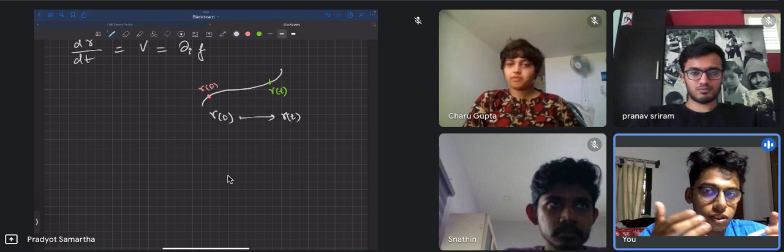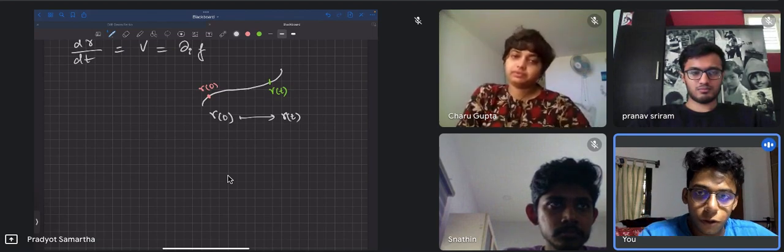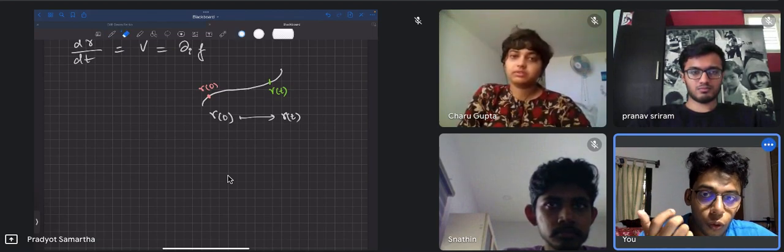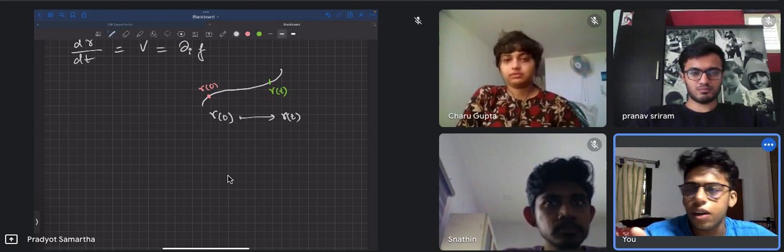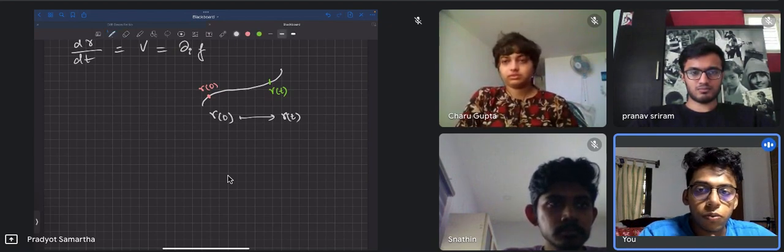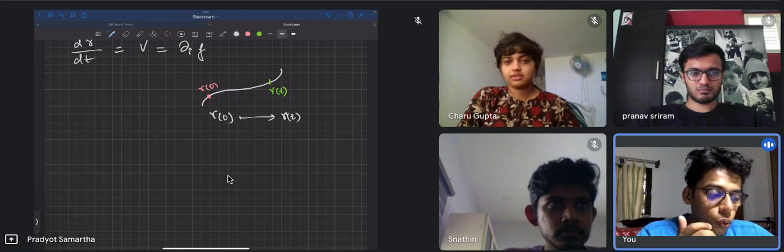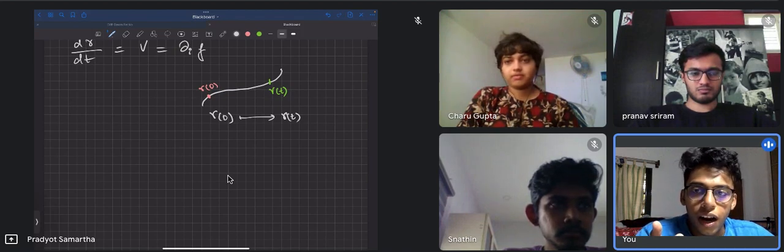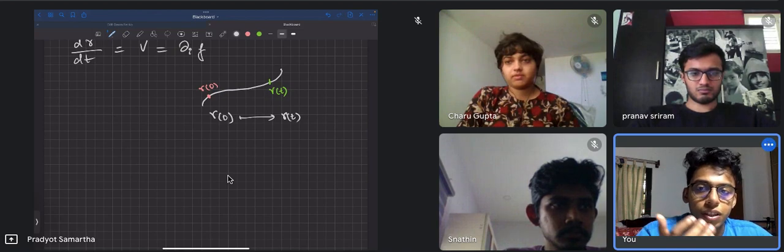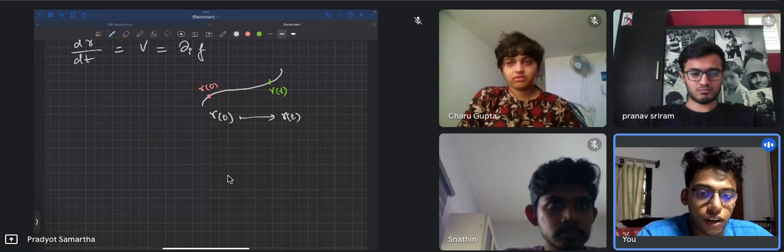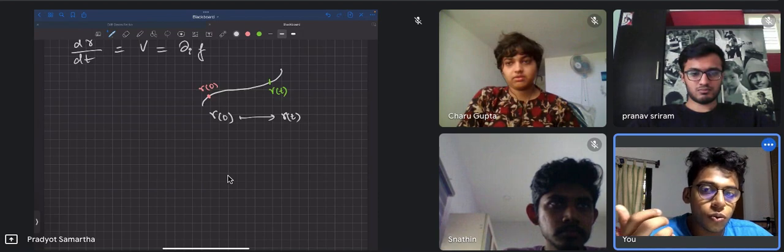Now what does that mean? How does that come into the picture? Where are we going with that? It is pretty abstract. The idea is having one dummy variable, taking the derivative of a curve with respect to that variable and calling it equal to the directional derivative.